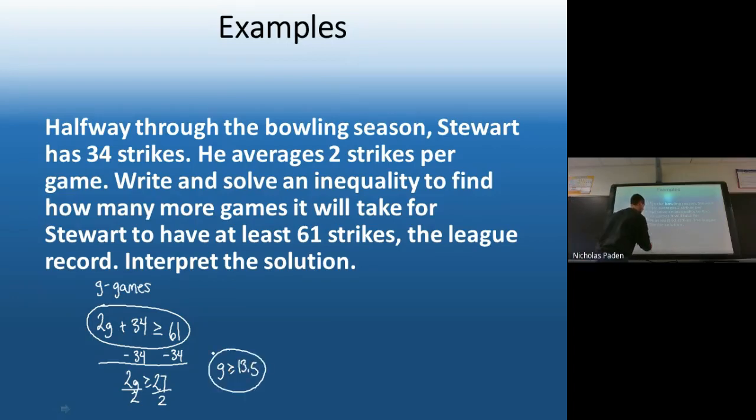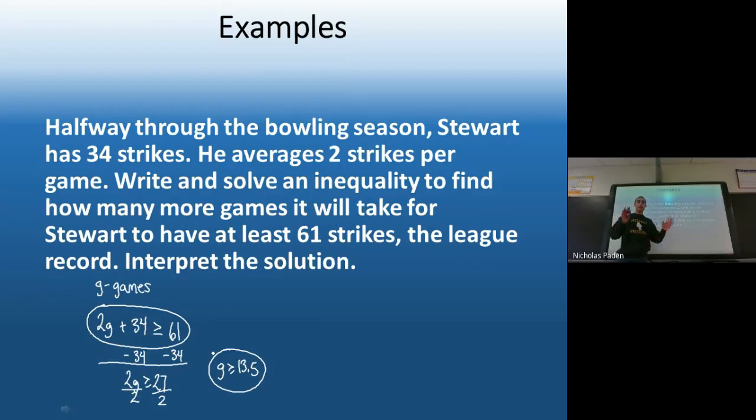Now, 13 and a half games, and I'm going to say you can leave your answer like this. Think about why you can. Think about it in just a sport or a game. If someone breaks a record halfway through the game, do they keep playing the game? Yeah, they do.